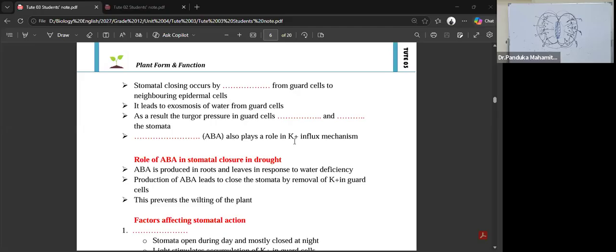It leads to exosmosis, which means the reverse of osmosis, that is, removing the water. It leads to exosmosis of water from the guard cells to the surrounding epidermal cells. As a result, turgor pressure in the guard cells decreases and the stomata close.